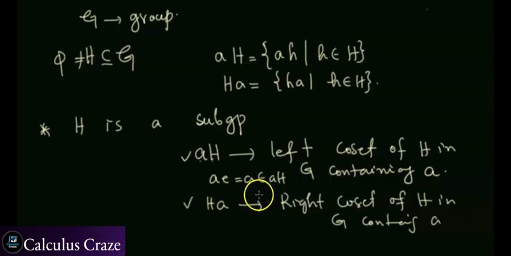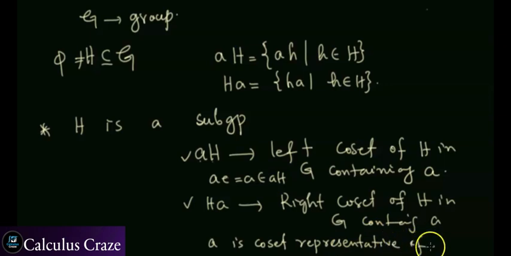Additionally, this A is called the coset representative of H, whether it is in the left or in the right, so it doesn't matter at all.